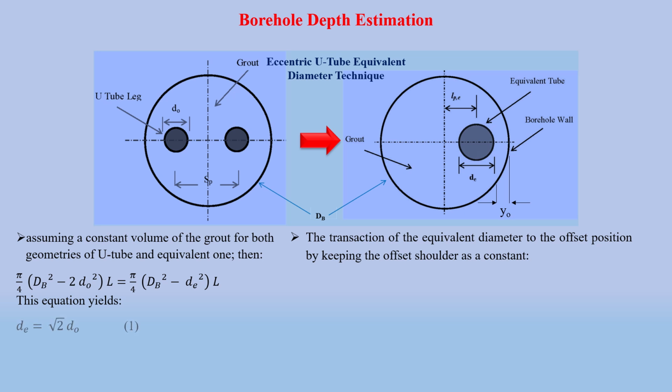That is corresponding to a value equal to U naught, Y naught, and Y naught, as presented in equation 2.